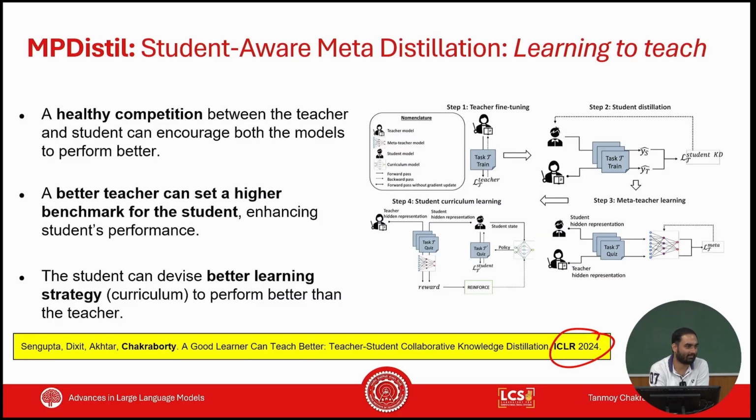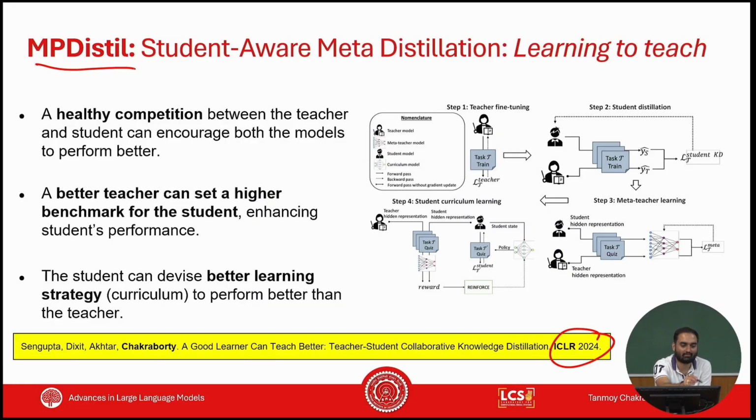I said healthy because it is not the case that the student will always try to beat a teacher, or a teacher will always try to beat a student. It's a healthy competition, meaning that the two factors, collaboration and competition, are balanced in some ways.